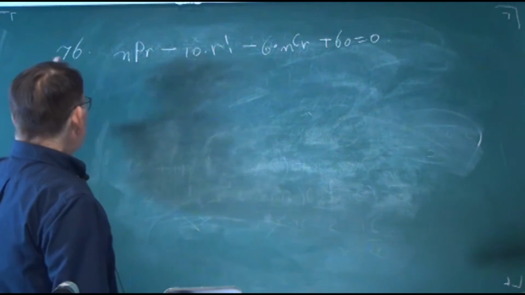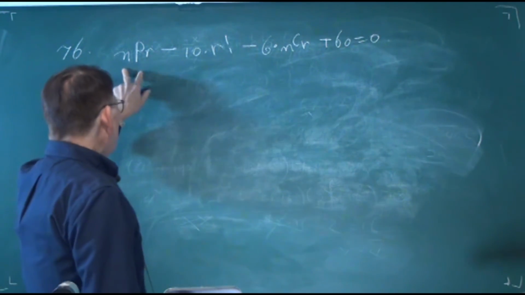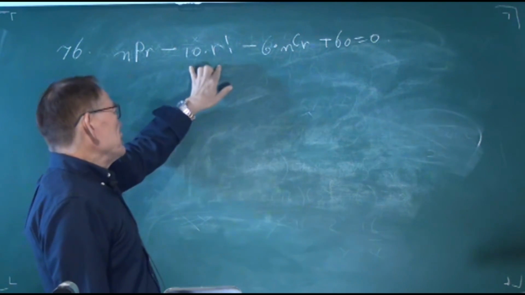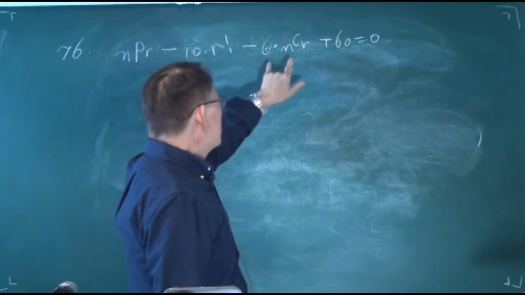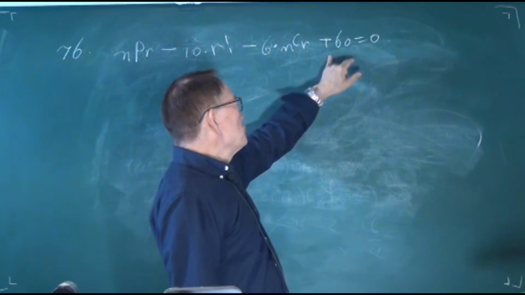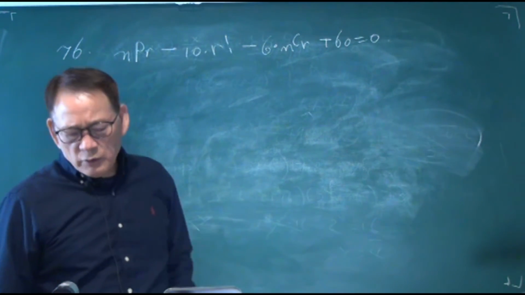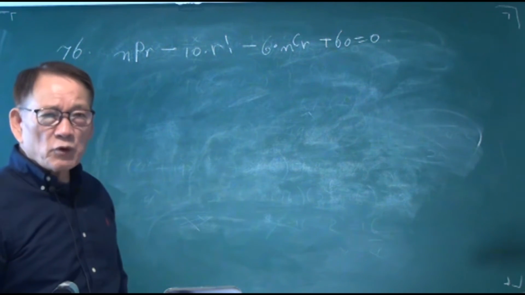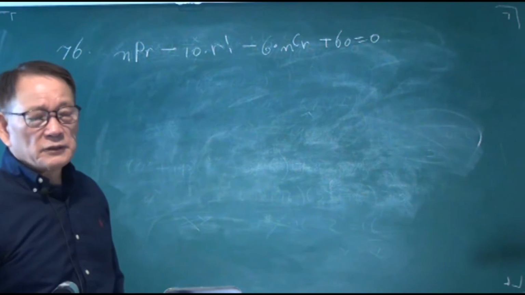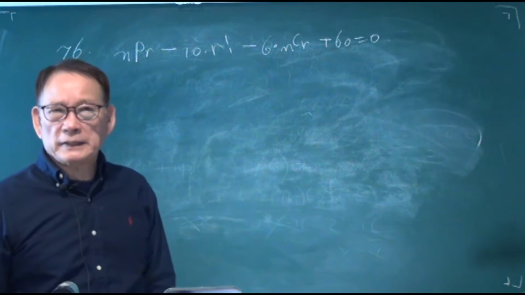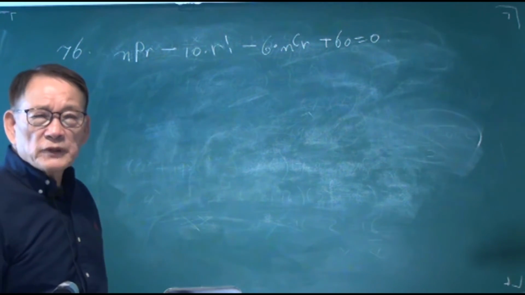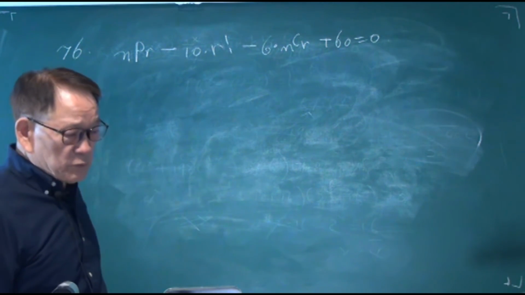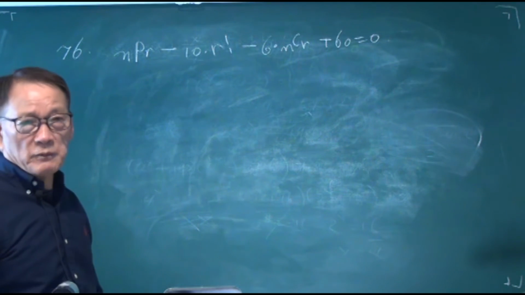Now we have 4 terms: nPr, 10 times r factorial, 6 times nCr, plus 60. Once we have 4 terms, in most cases we can factor by grouping. If we group, two terms will come out similar or the same.